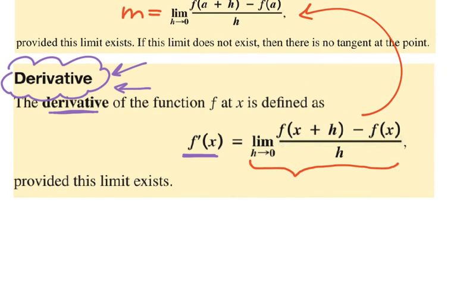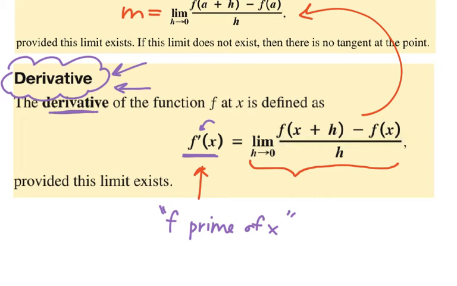Now, talking a bit about the notation, f prime of x is what we have there. F prime of x is how we read that, and that means the derivative. So this prime, this little apostrophe that we put between the f and the parentheses x, that's what indicates derivative.